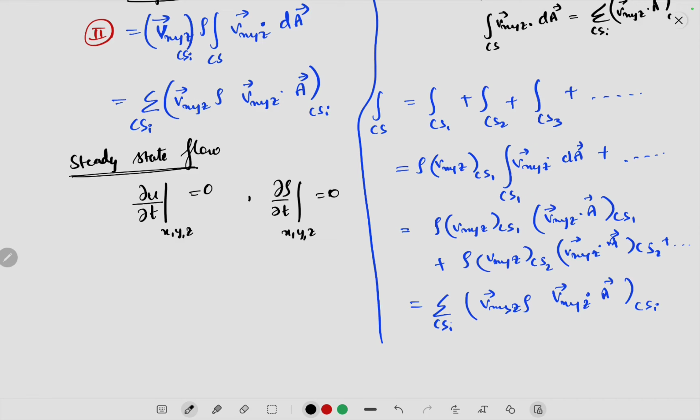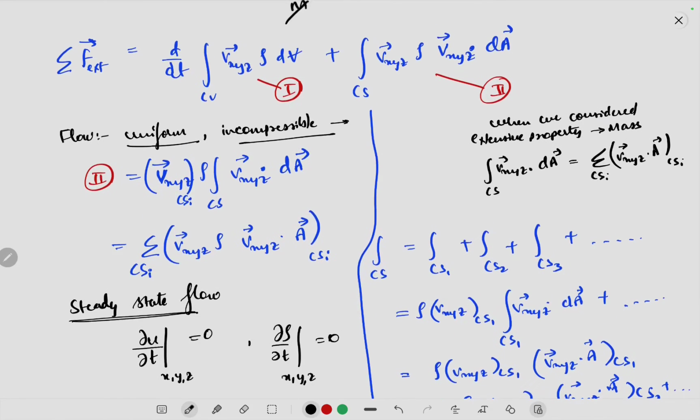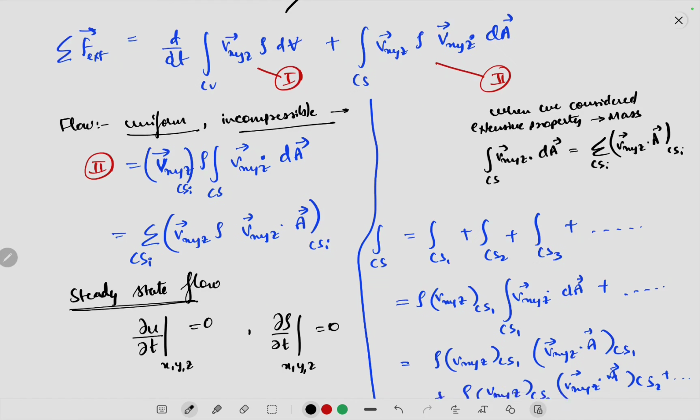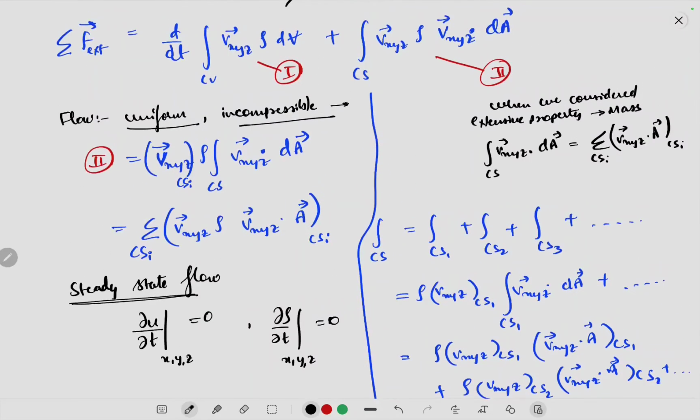Okay, so now let's say I also have steady flow now. So then what can I say about this term now? So in the steady state flow, we know the partial derivative with respect to time is 0, but we have a full derivative sitting over here.